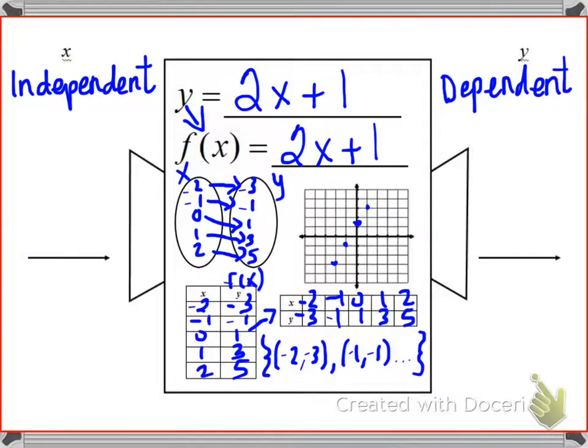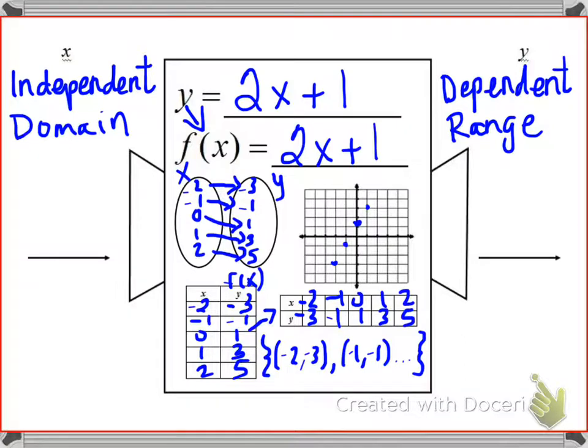A new word, and we haven't thrown this around this year, and maybe you have heard of it in the past, the x is also referred to as the domain. So all the x values are your domain values. All of your y's are called your range values. And I'm going to start using those terms more often, especially later this week and next week when we're talking about the domain and range of different functions.